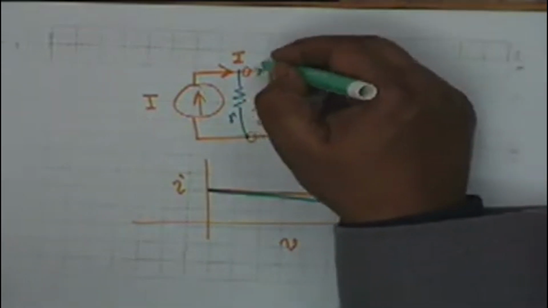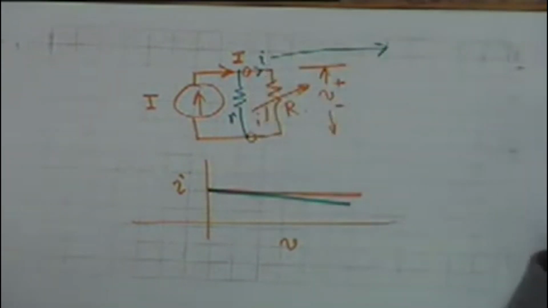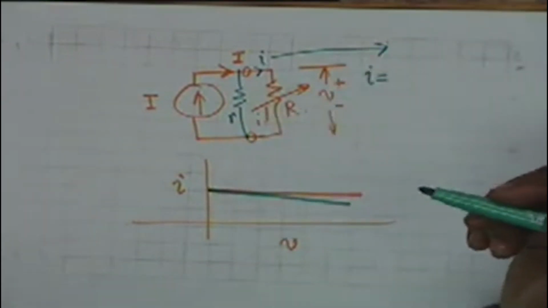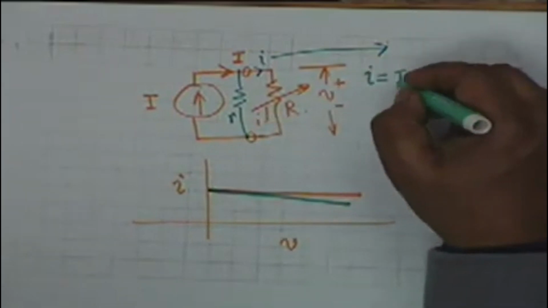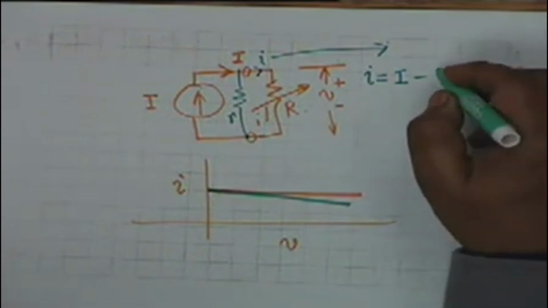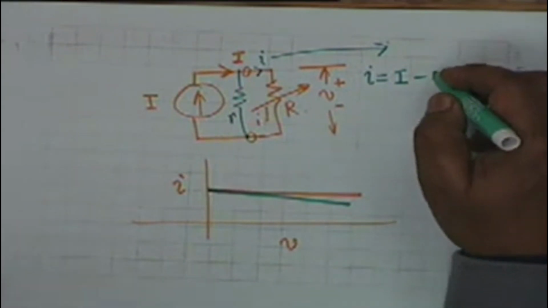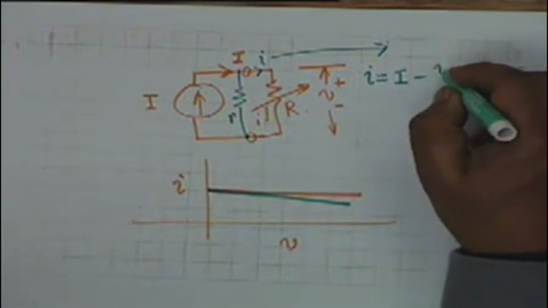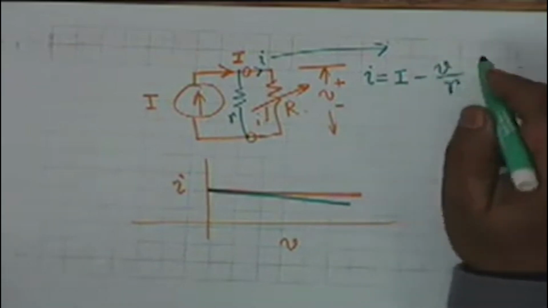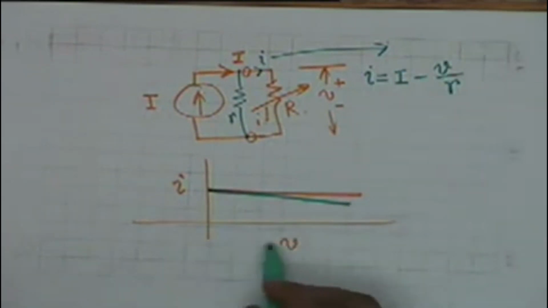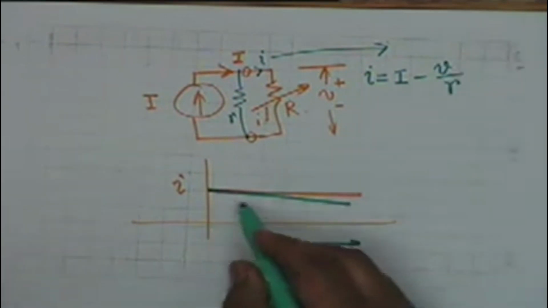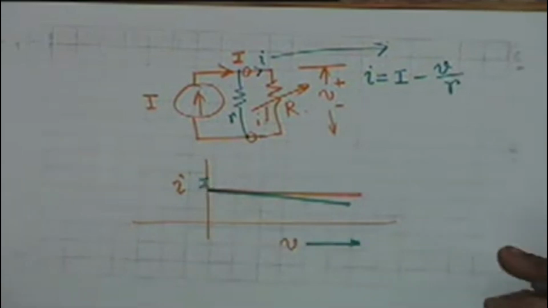Under this condition, the current in the load, the green color I am using for non-idealness, shall be given by capital I minus what? Small v divided by small r, which is a linear relationship, and therefore as V increases, this term increases, and therefore the current I decreases.